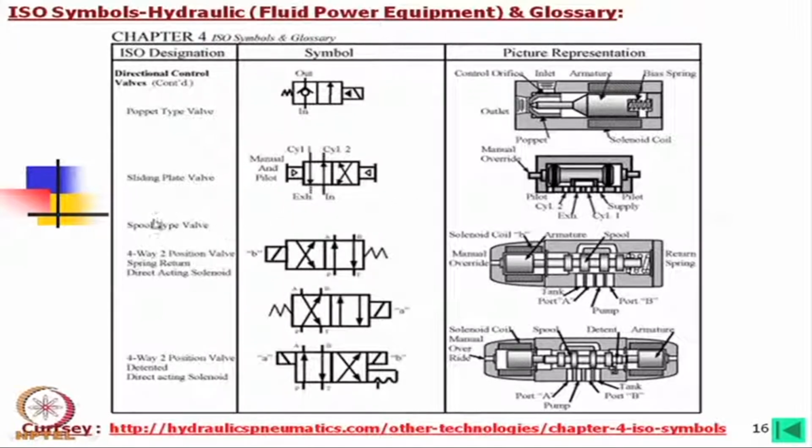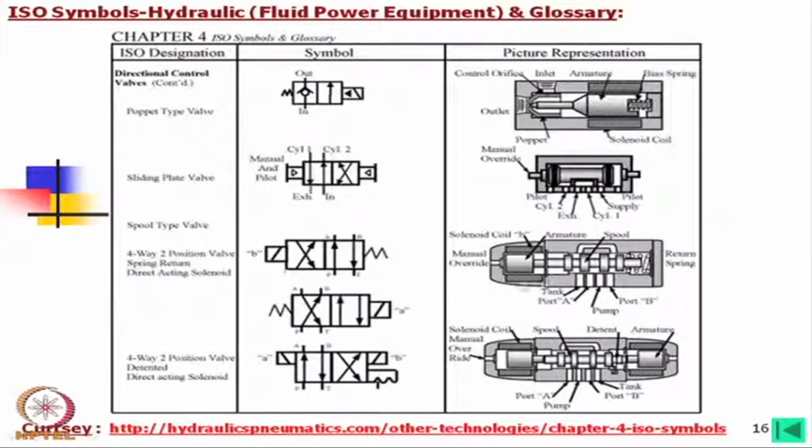Now, if we come to the spool type, which is very common, as I have told earlier, looking into this we can name this valve. Say there are two positions and there are 4 ports. So, this we should call a 4/2 direction control valve.